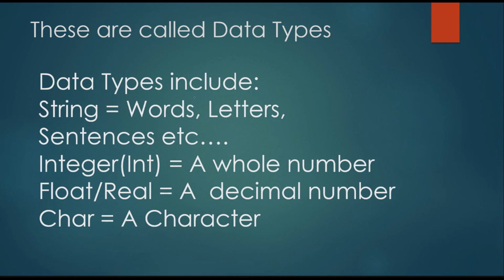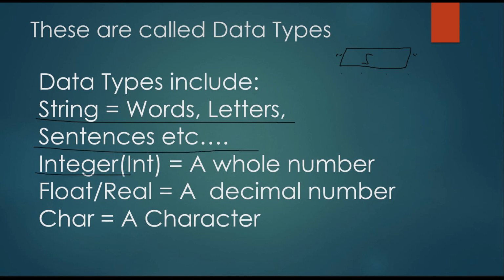Remember last time we wrote the print statement with the quotes, and inside the string we wrote hello world. That was a string, but it wasn't stored in a variable. But it's a data type. So strings are words, letters, sentences, etc.